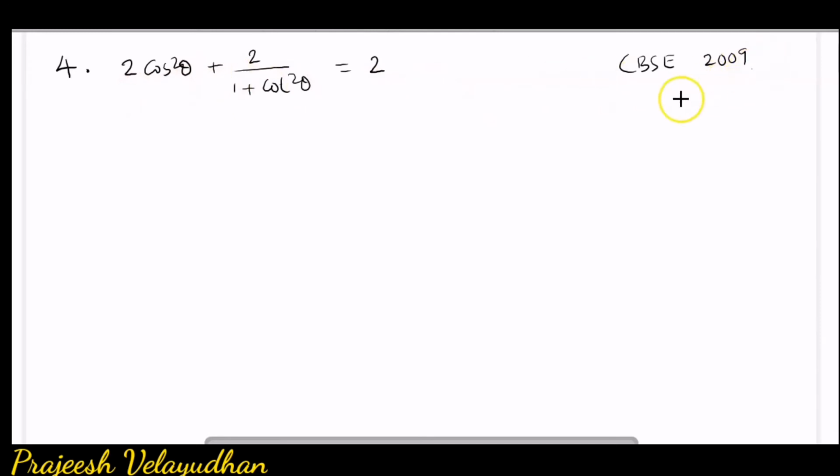Fourth question from CBSE 2009: 2 cos square theta plus 2 by 1 plus cot square theta equal to 2.